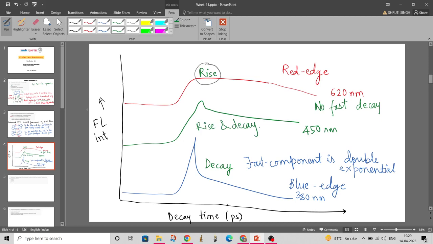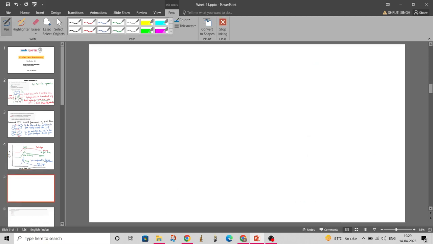There is both a fast decay, which is followed by a rise.